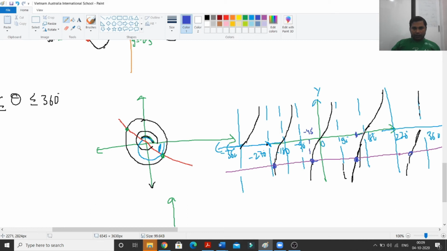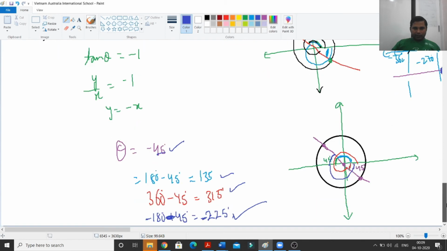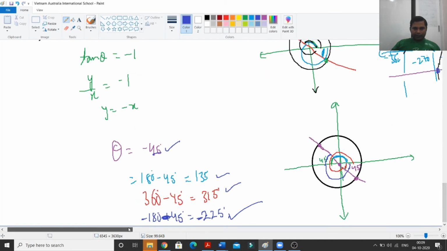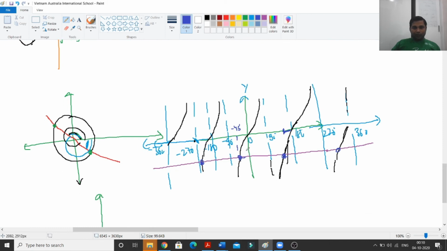This distance has to be 45. So the total value will be 180 minus 45, which we have already found. So using the calculator and the graph, we can find the values.